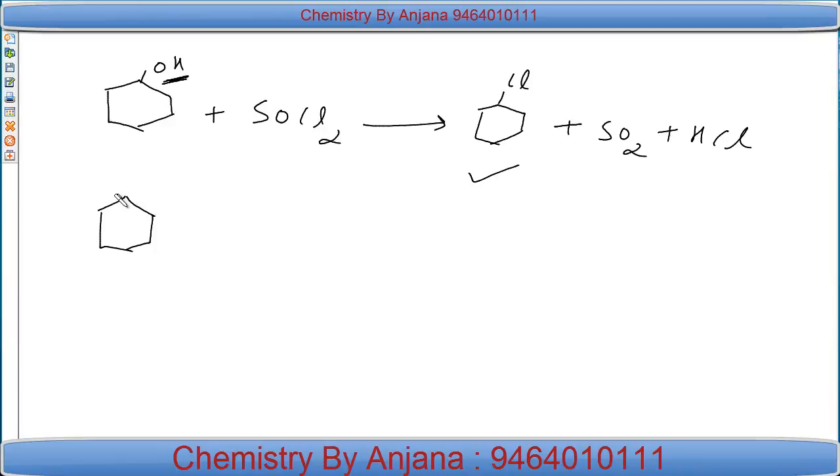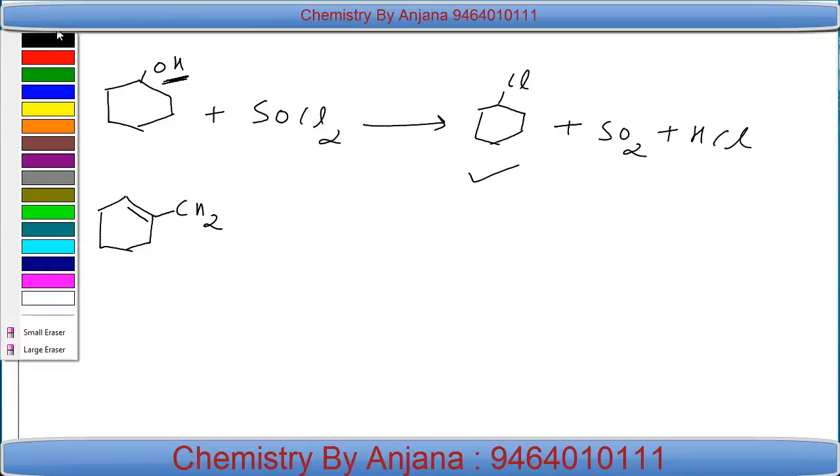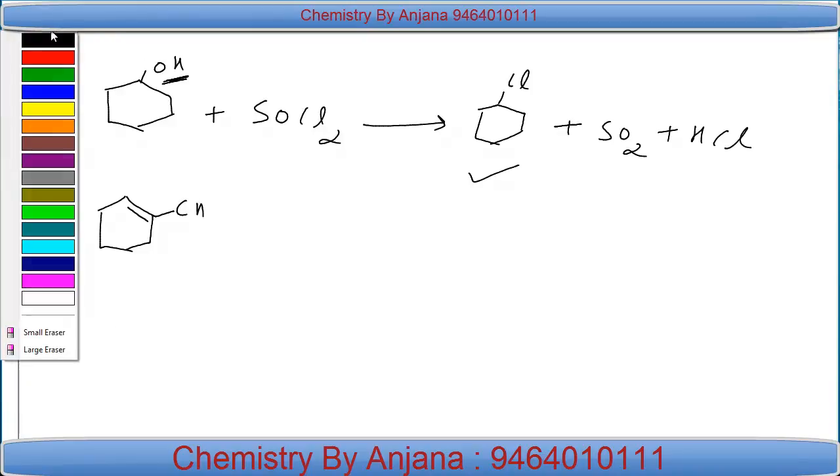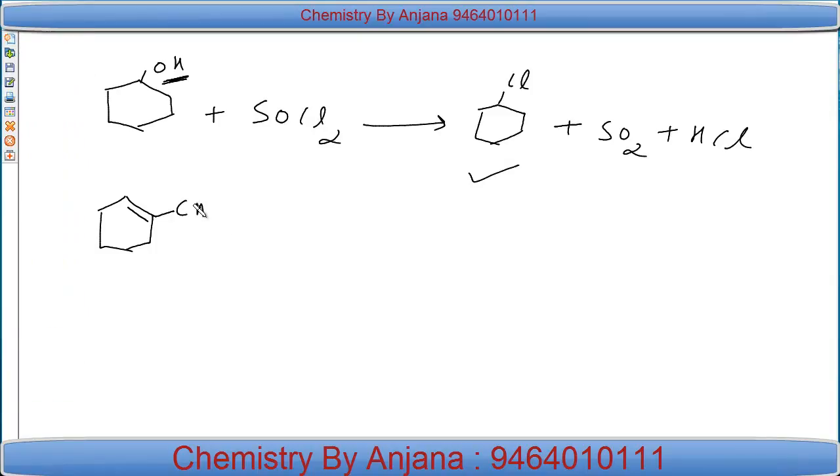I'm drawing cyclohexene, and this cyclohexene is with CH3, I'm sorry, not CH2, it is CH3. इसके साथ if I add HI, what happens to the product? What are the products? So just check, this is an alkene.